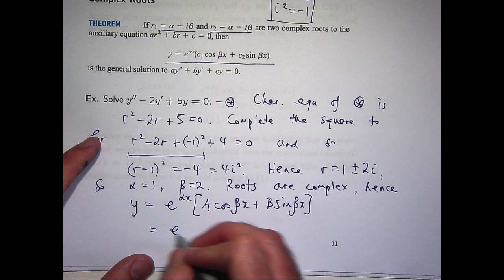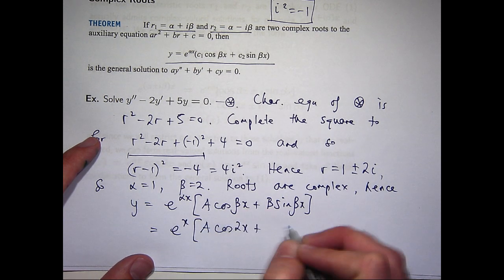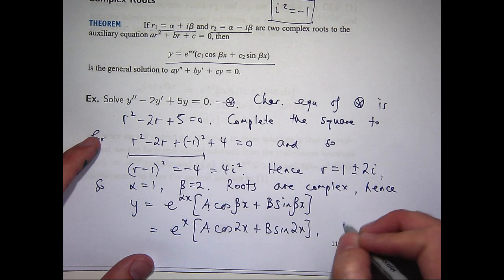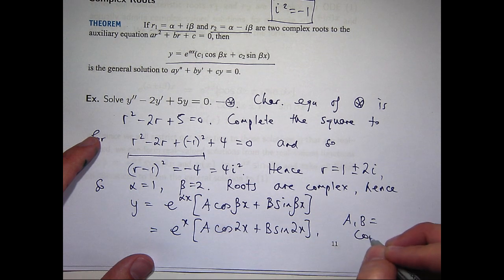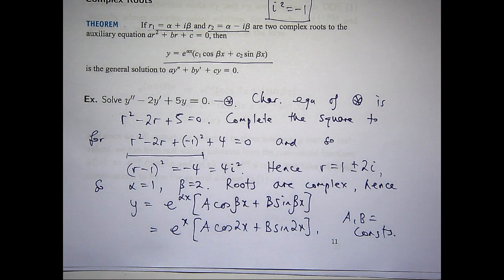It's going to be e to the x times A cosine 2x plus B sine 2x. So here A and B are constants. Okay? So that's a standard method of solution there. Any questions so far?